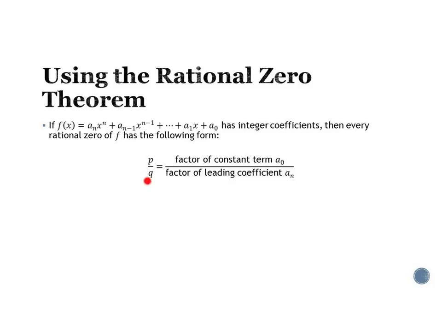So the form p over q, where p is going to be a factor of your constant, a sub 0 here at the end, and q is going to be a factor of the leading coefficient. So if I find all my factors of the constant, and then all my factors of the leading coefficient, and I write them as fractions, then I can test them to see if they're going to be zeros or not.